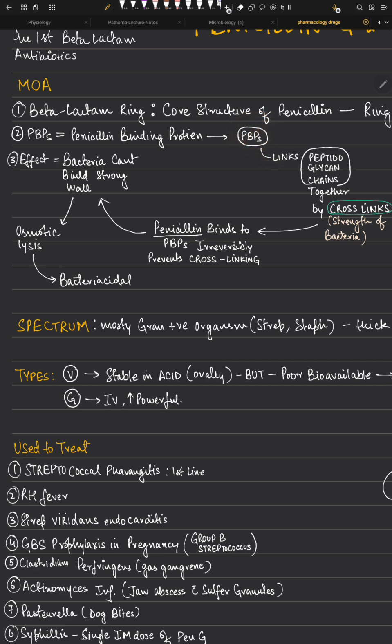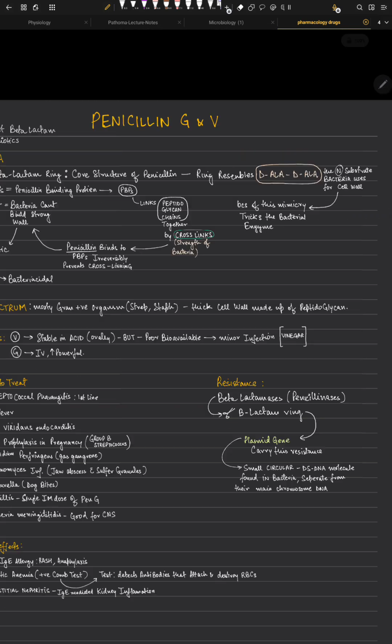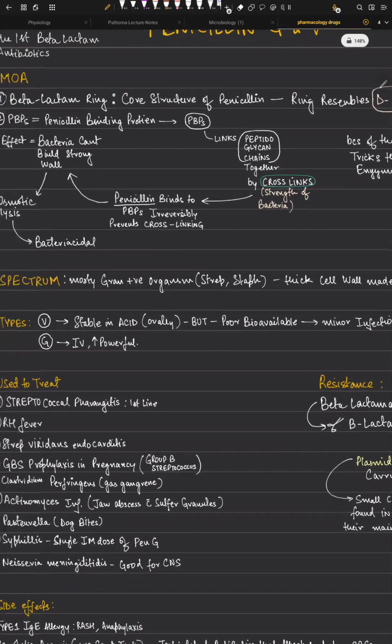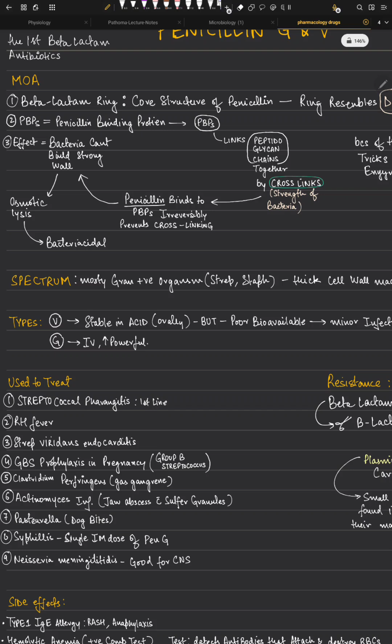So what happens is this penicillin actually mimics the D-Ala end of the normal peptide substrate, right? And after this, that PBP tries to react with penicillin, and it tries hard to form a covalent and very irreversible bond with it, right?